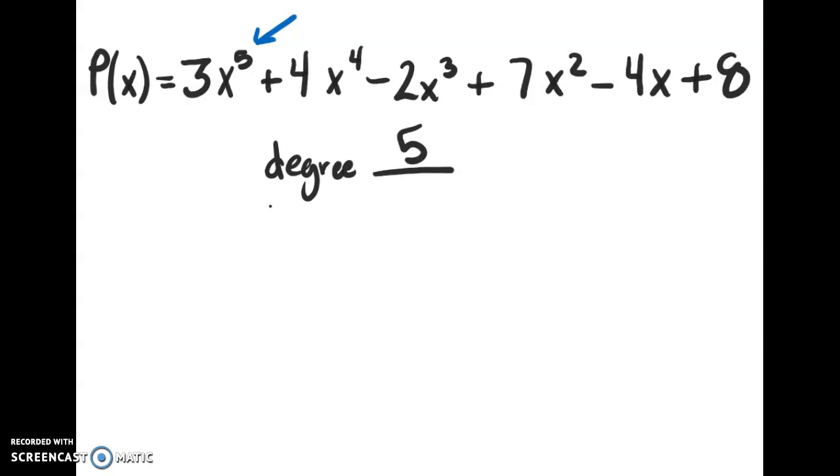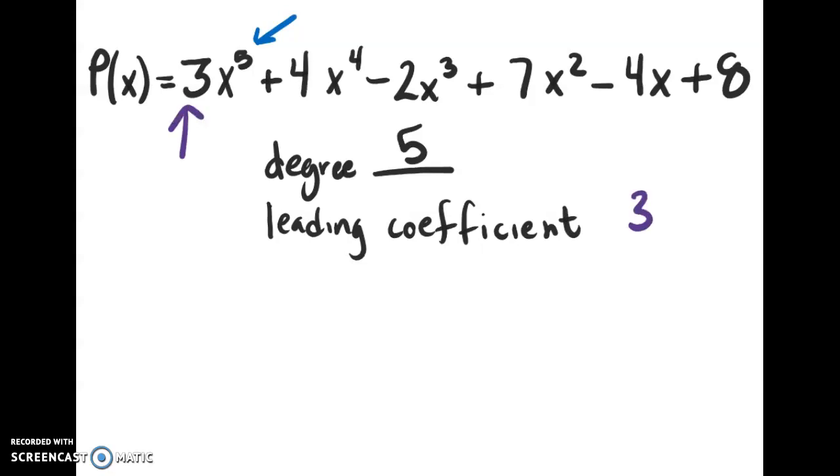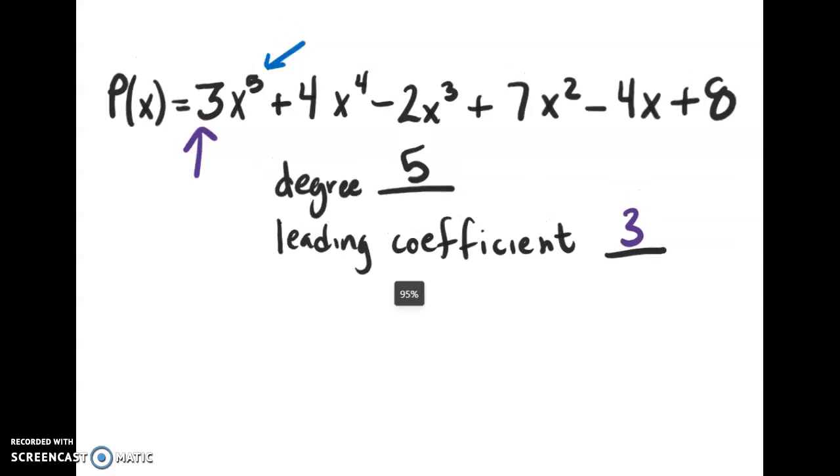So this is a 5th degree polynomial. The leading coefficient is the coefficient on that highest exponent term, so the leading coefficient in this case would be 3. And these two things are going to tell you the characteristics of what the graph will look like.